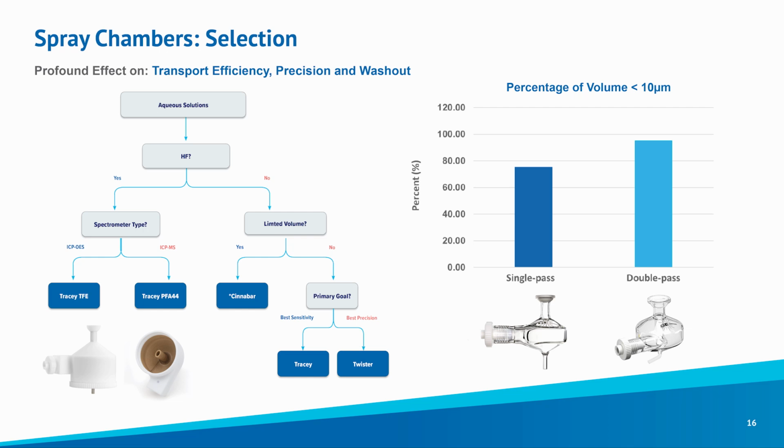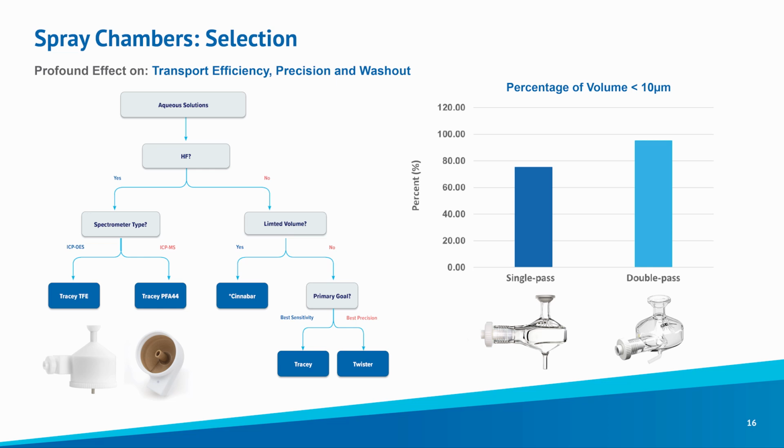First, the nebulizer creates the primary aerosol, where droplet size is inversely related to gas and liquid velocity. Then the spray chamber filters the primary aerosol to produce a tertiary aerosol, removing droplets larger than 10 microns. On this graph, we can see that the double pass design has a higher percentage of these smaller droplets compared to the single pass.